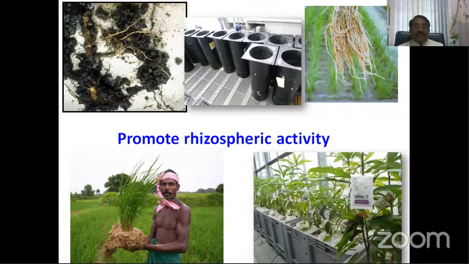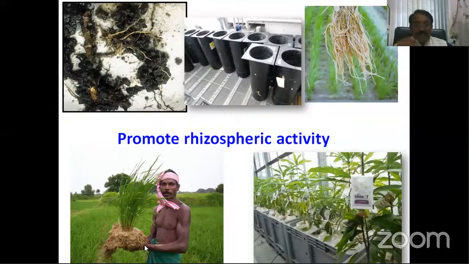And promote the rhizosphere activity. Whatever is possible, rhizosphere activity is very important in the organic production system. So the rhizosphere activity must be increased and maintained, by using compost, by using microbes, and whatever other things are there.